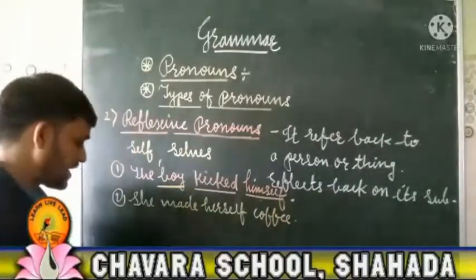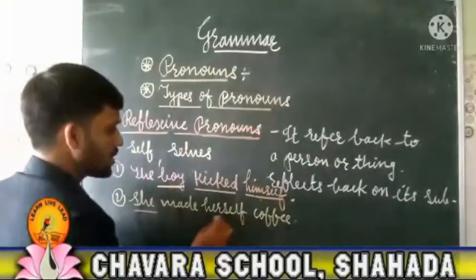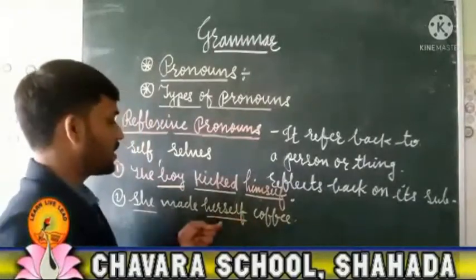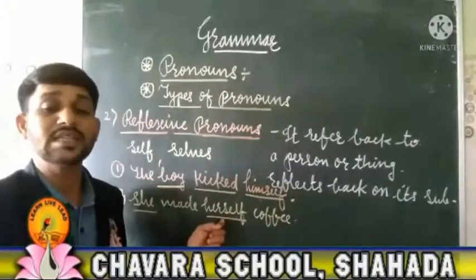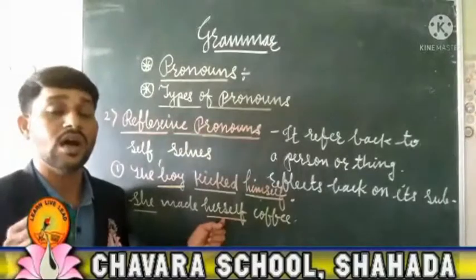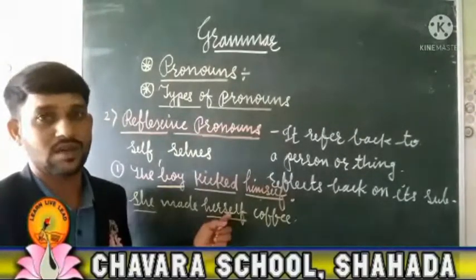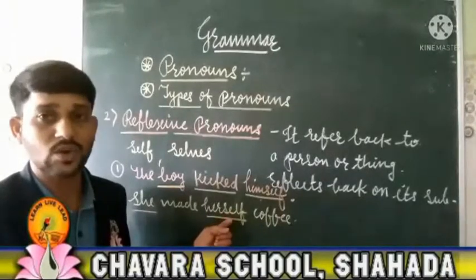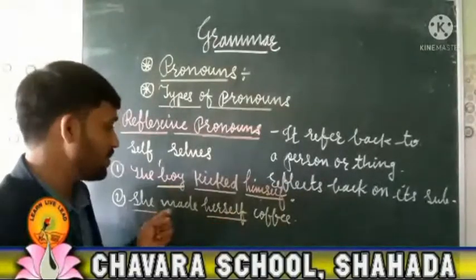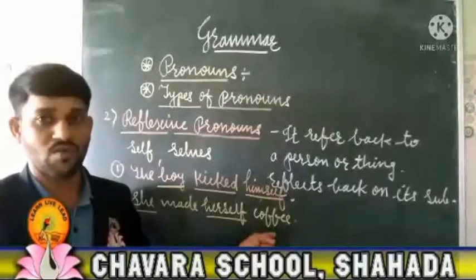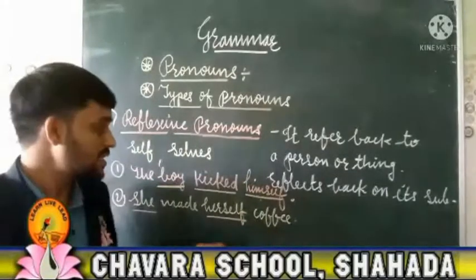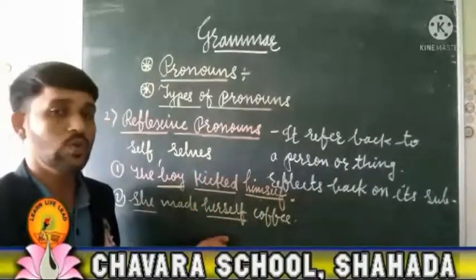See, in this sentence, herself is the indirect object. She made herself coffee. Right. So in this way we can understand reflexive pronouns.